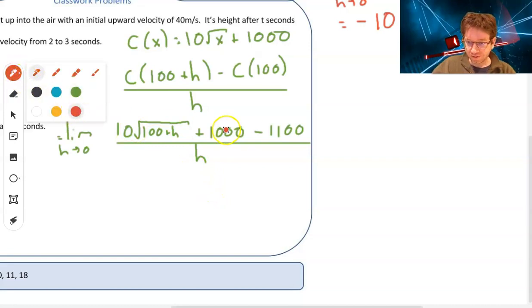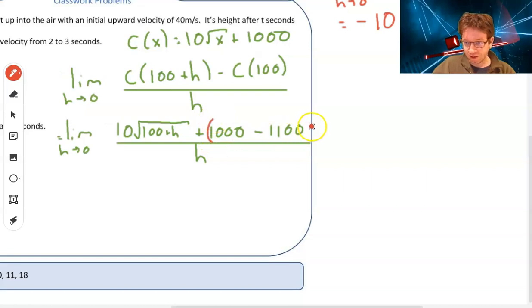Well, I can reduce this a little bit, right? Because 1,000 minus 1,100 is just minus 100. So let me replace this with minus 100. And then what I'm going to do is rationalize the numerator. I don't want that h by itself, because if h is 0, you can't divide by 0.